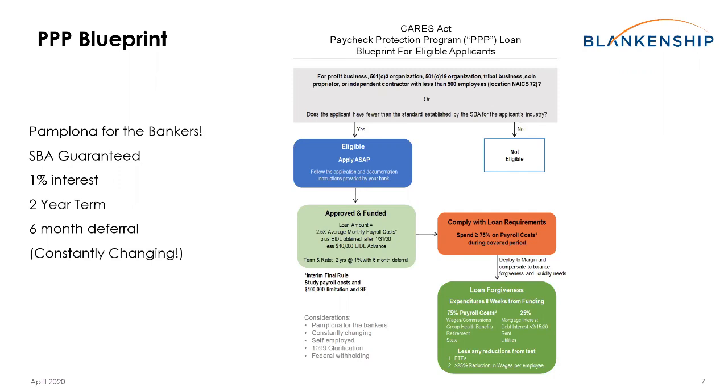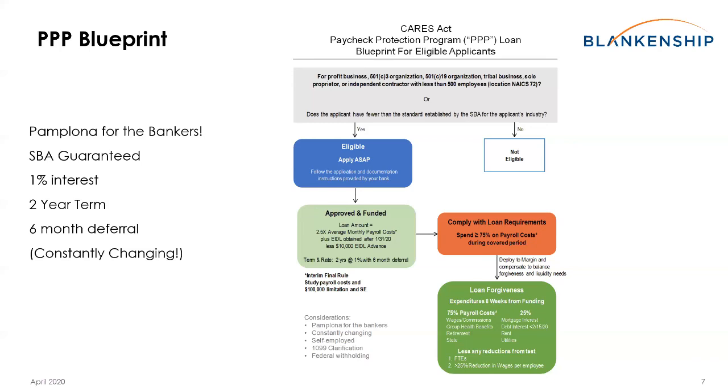Now, for any individual employee who has wages and salaries greater than $100,000, that excess amount, the amount over $100,000, is not going to be included. So that's how your lender is going to determine how much you're eligible for. Once we calculate the average monthly payroll costs, it is multiplied by 2.5 times, and that is your loan amount.